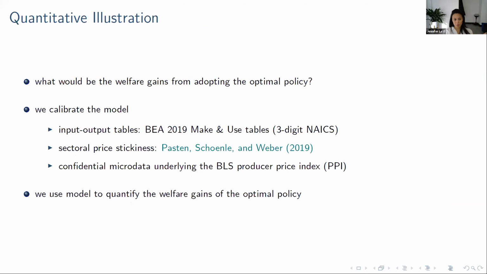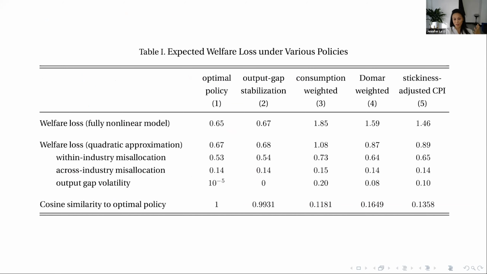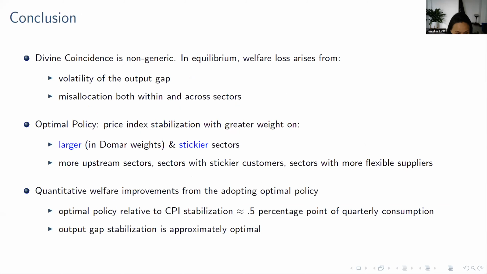Finally, in the last part of the paper, we do a quantitative illustration, we calibrate the model, and we find that you can get relatively significant welfare gains from going from the CPI to optimal policy, about 0.5 percentage point of quarterly consumption.